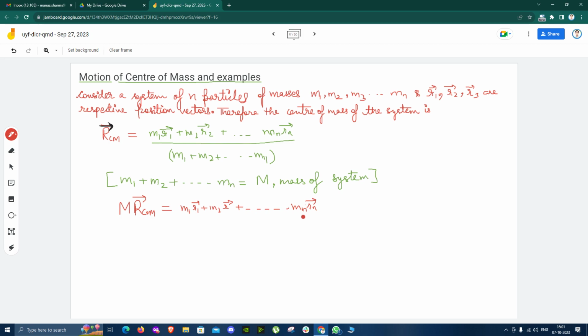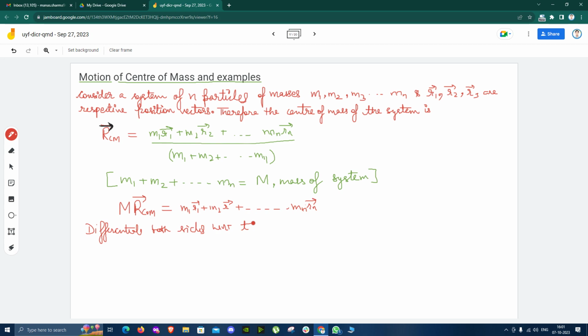Okay, हाँ, अब हम क्या करेंगे, let's differentiate both sides with respect to time.